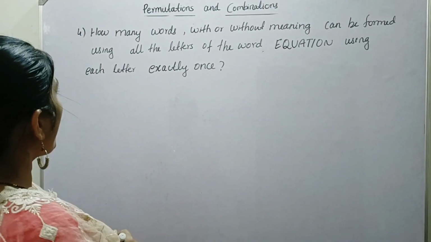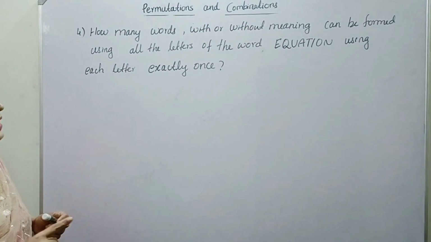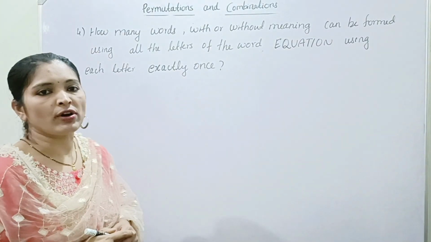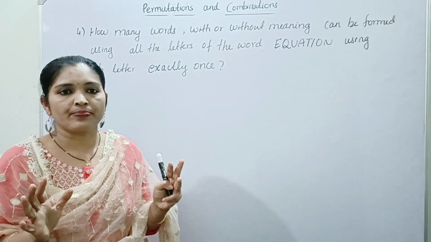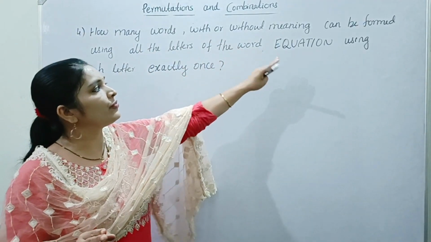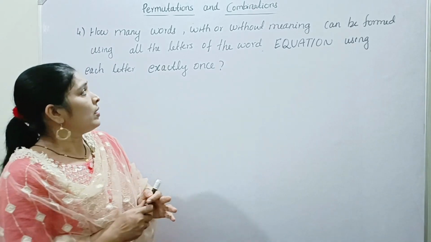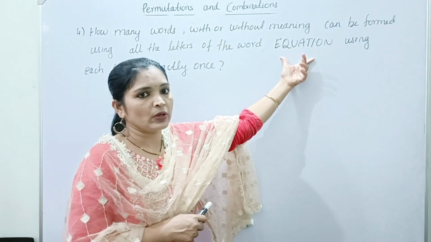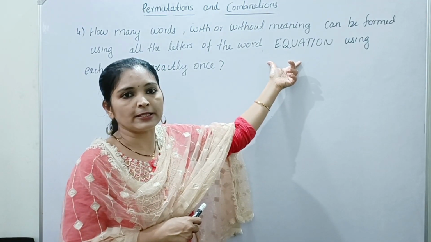Next question is, how many words, with or without meaning, can be formed using all the letters of the word EQUATION using each letter exactly once? See, here we have to write all the words using all the letters of the word EQUATION. See, in this word all the letters are different, isn't it?